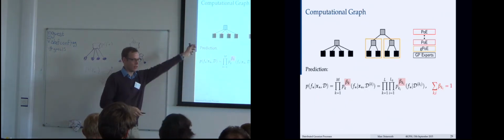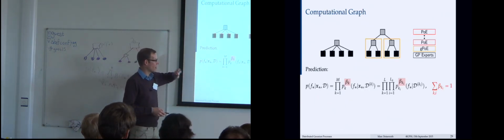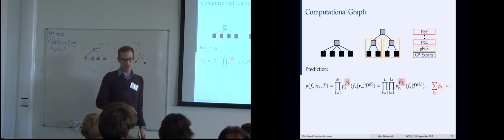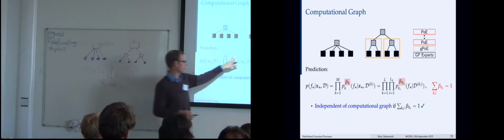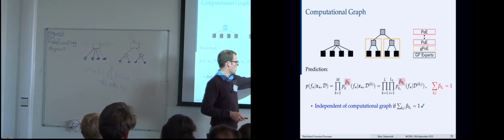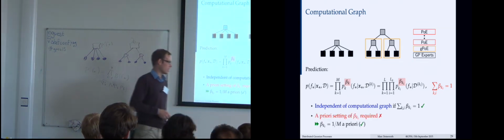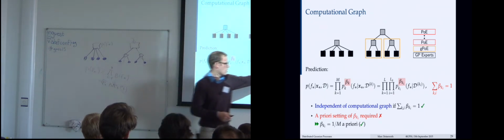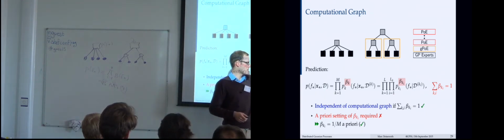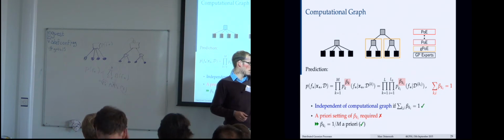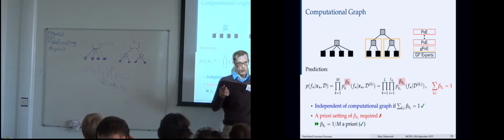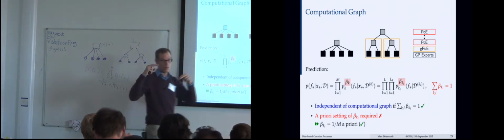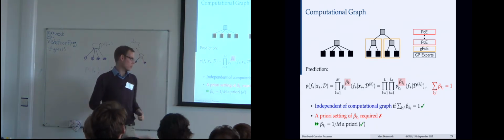Computational graph, I'm going to be a little bit short about this. It's also independent of the computational graph. It's a bit more nasty now with these beta k values, but it is possible as long as you make sure that you normalize, or set the sum of the beta k's to 1. Otherwise you would lose the property that you fall back to the prior.